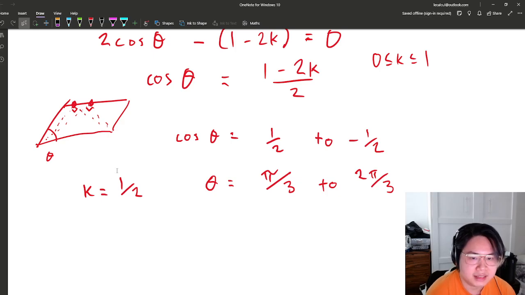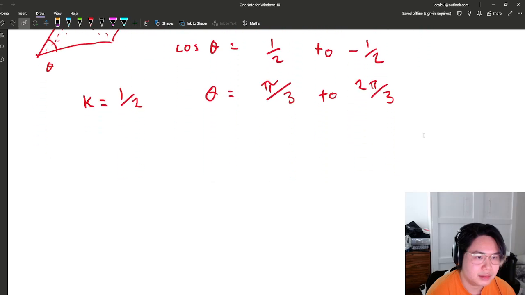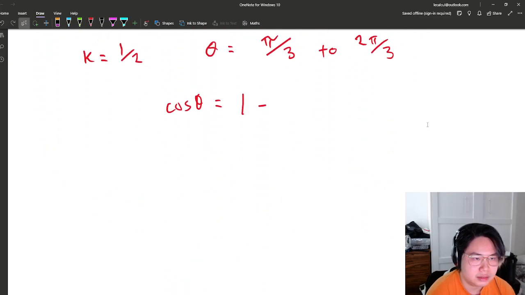Oh, unless they overlap. Okay, what happens to cosine when k is theta? So 1 minus whatever, 2k over 2, right?